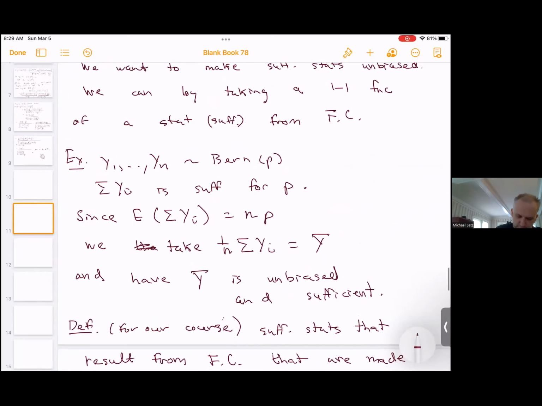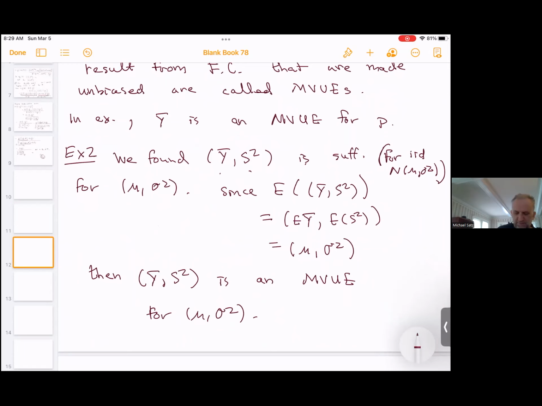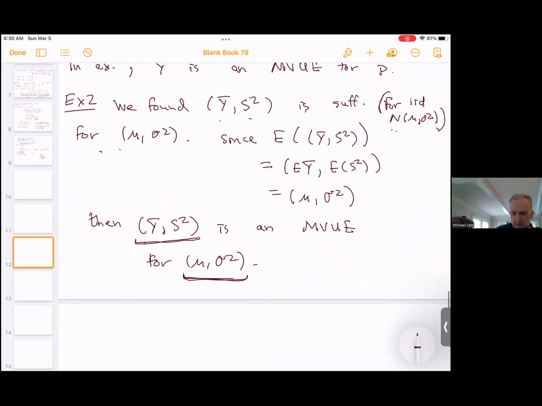And the other example I was clear. Okay, so we found this is sufficient for this kind of sample for both parameters at a time. And since this is already unbiased, then these are the minimum variance unbiased estimators jointly for both these parameters.